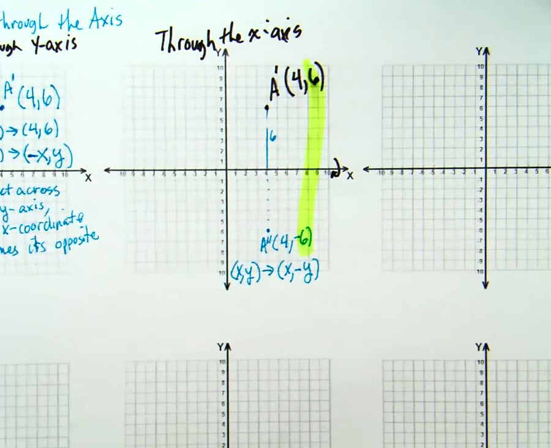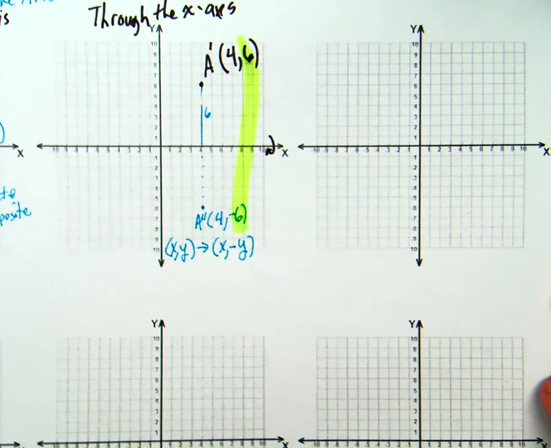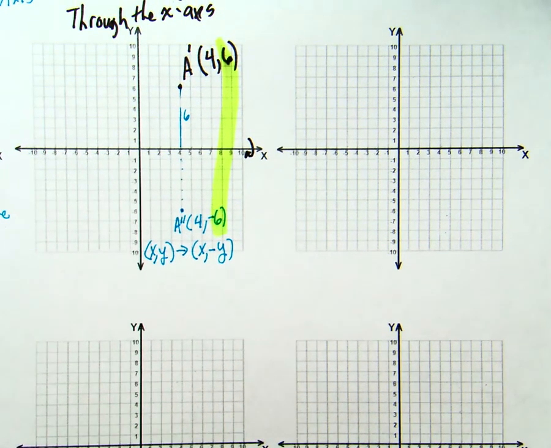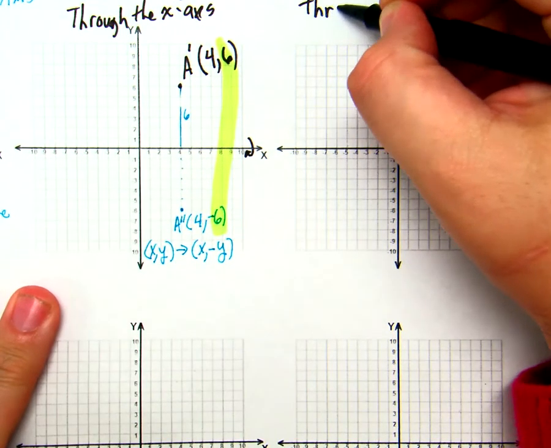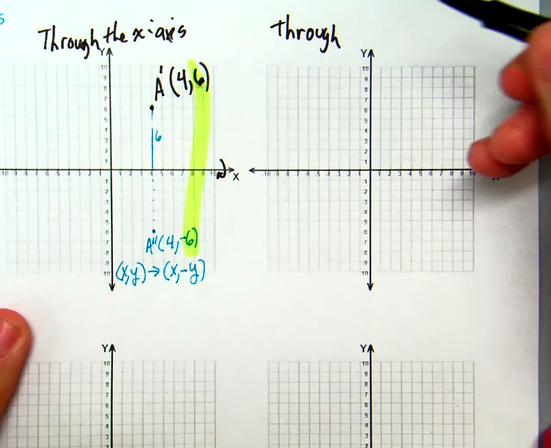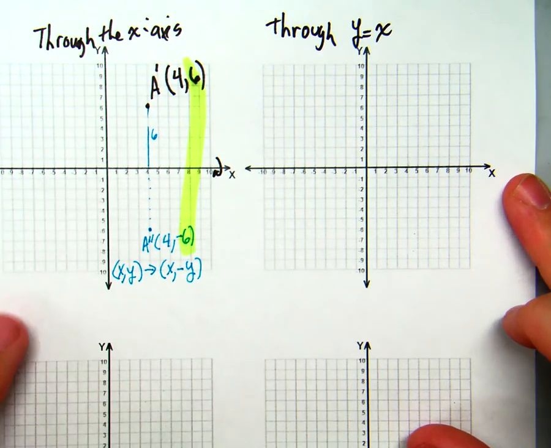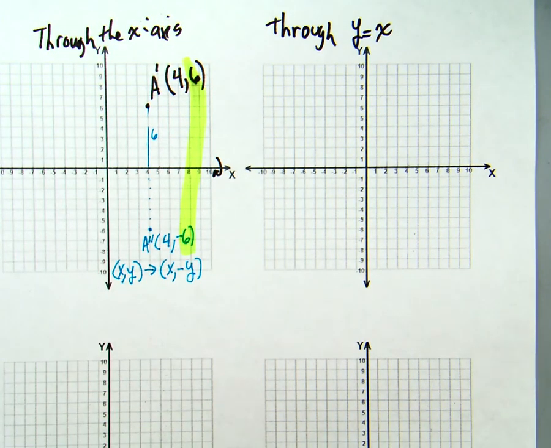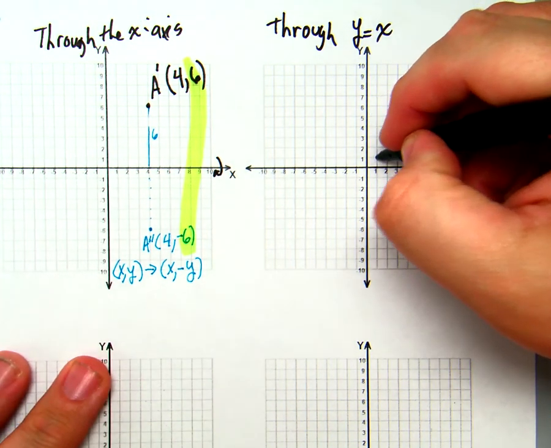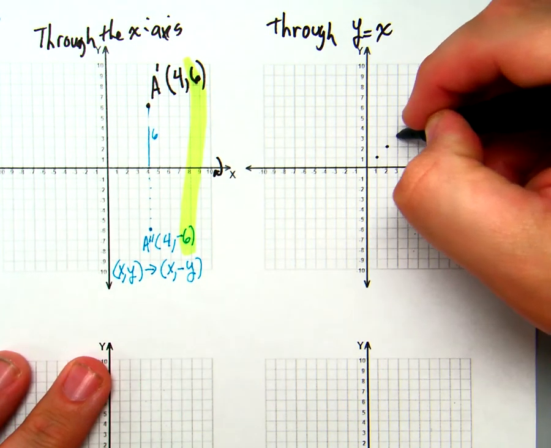Now, another big one is through the line y equals x. And when y equals x, we're going to get the points like 1, 1, 2, 2, 3, 3, 4, 4, like that.